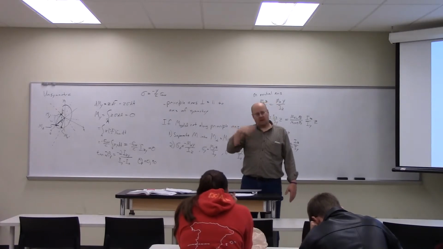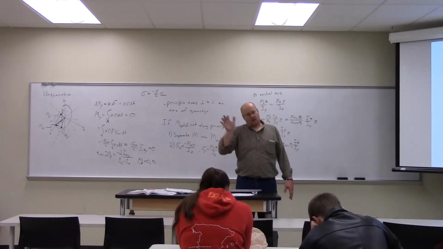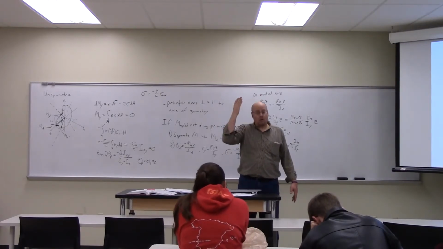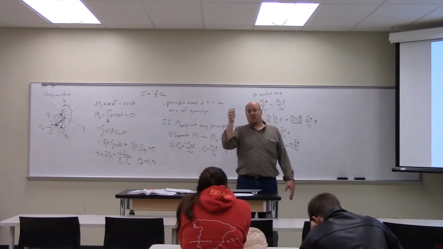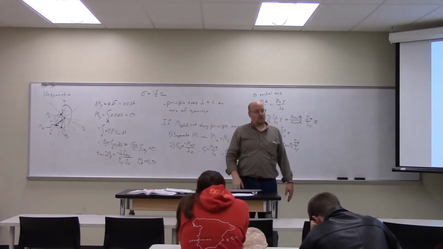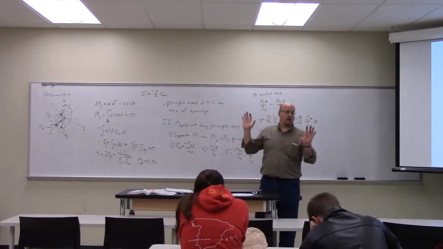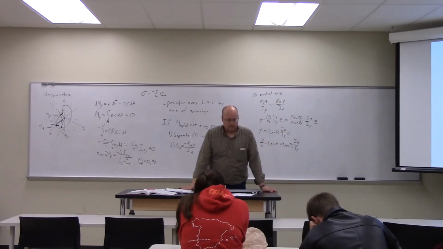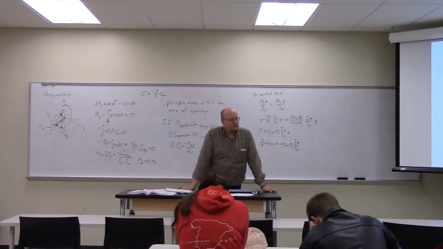Whatever the moment is, I'm going to break it into components along and perpendicular to the principal axis in order to handle the unsymmetrical bending. Or I'm going to hopefully apply the moment along an axis of symmetry, which is a principal axis, and then I'm done. How much work would it add if we added an x component to the moment?